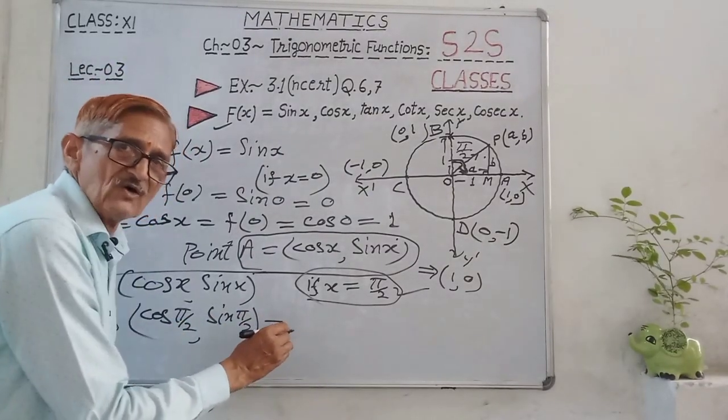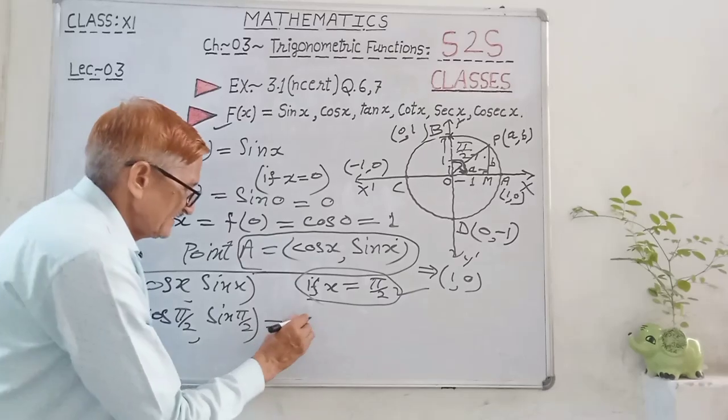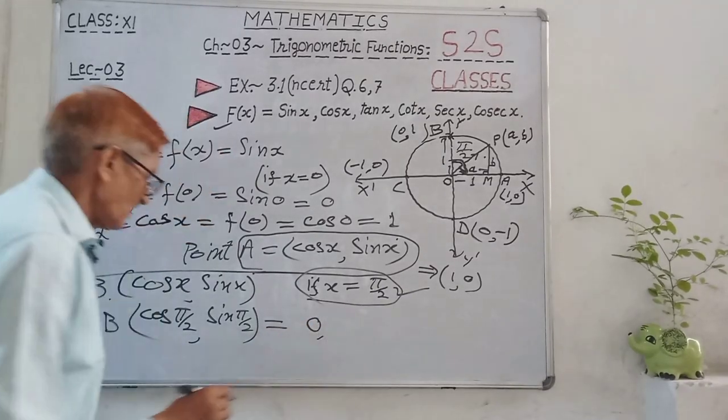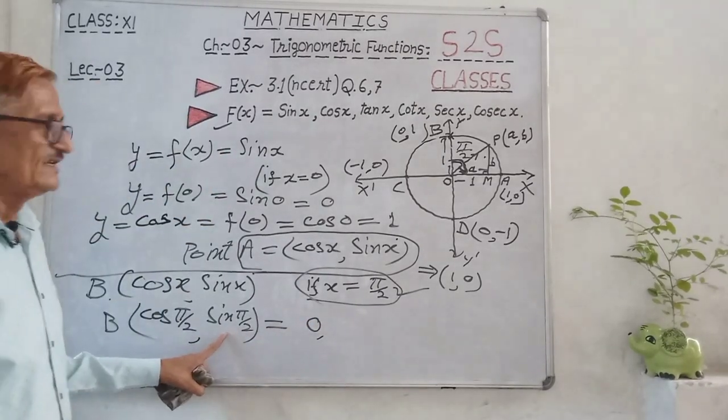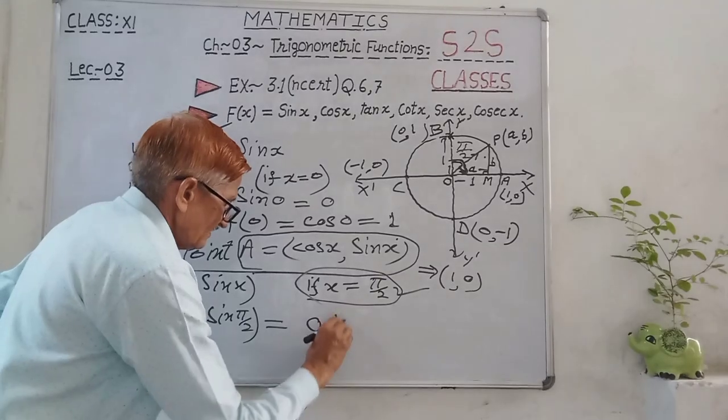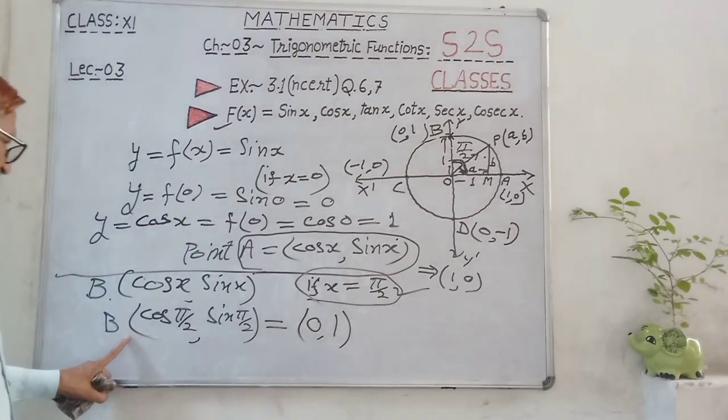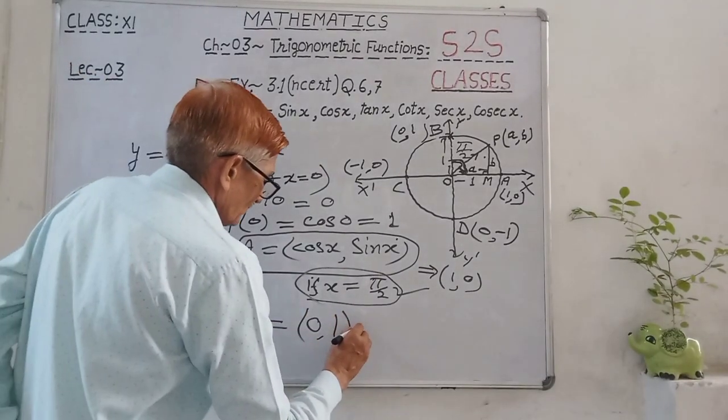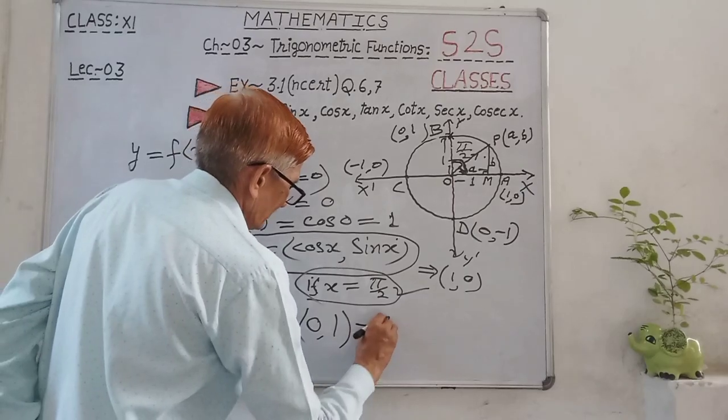We know cos π/2, cos 90 is 0, comma sin 90 is 1, so it is verified, so this is equal to point B.